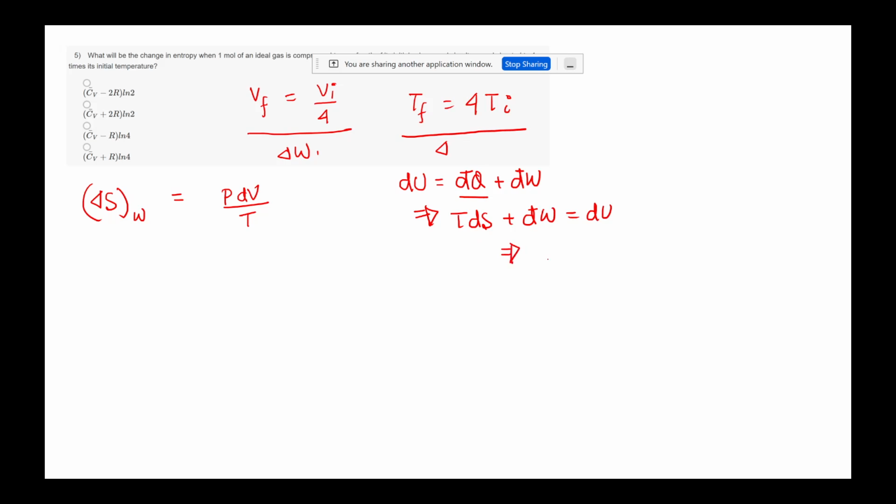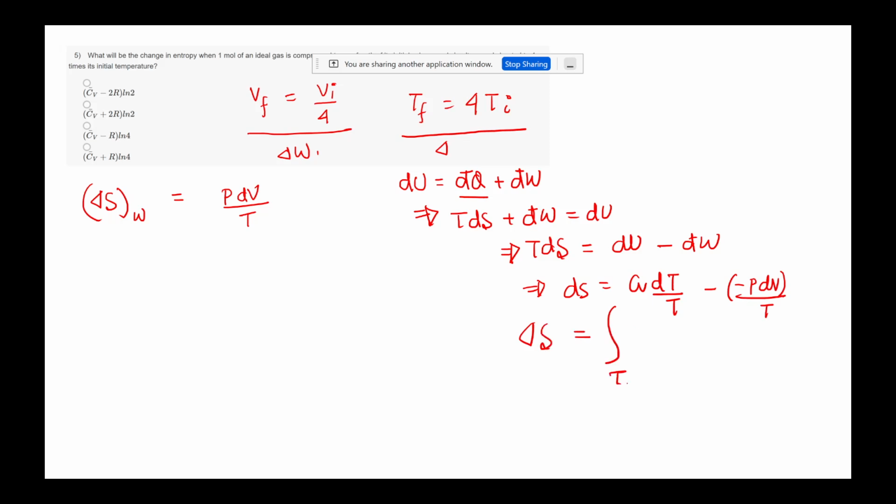Then we can write for the exact differential dS as dU minus dw, and dU is Cv dT, so dS is Cv dT by T, and dw is minus P dV, so minus P dV by T. So delta S, we have to take the integral, so this will be Ti to Tf Cv dT by T plus Vi to Vf P dV by T.